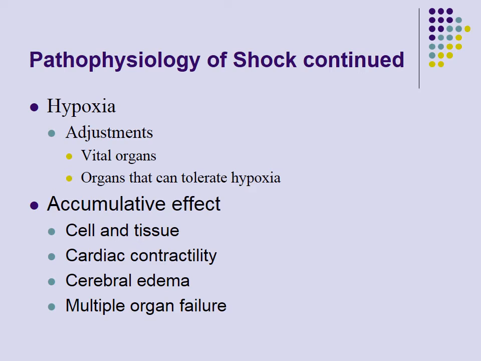That's going to cause some cognitive changes. And then finally we will end up with multiple organ failure. At that point, full recovery is not possible. So this is kind of a general flow of how things will happen with shock.